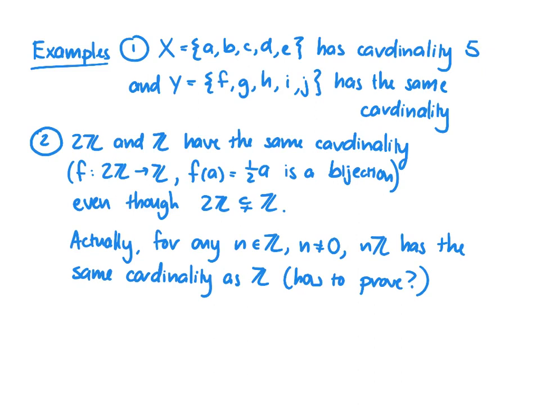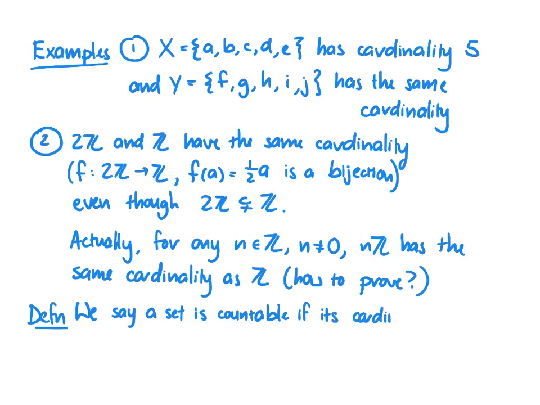And then here's a definition related to cardinality that we're going to play around with quite a bit in our next video here. So we say a set is countable if its cardinality is the same as a subset of the natural numbers.